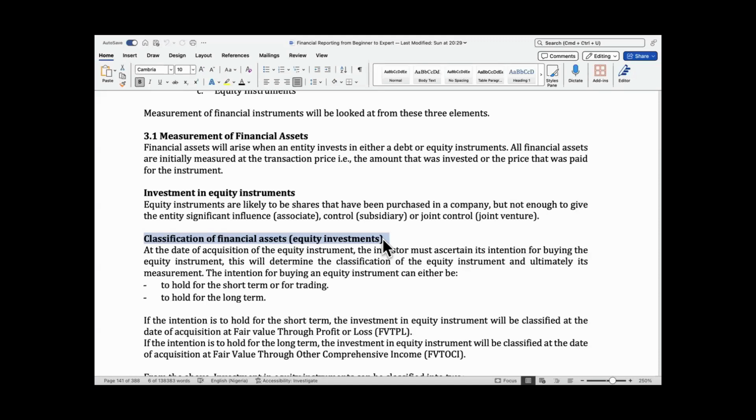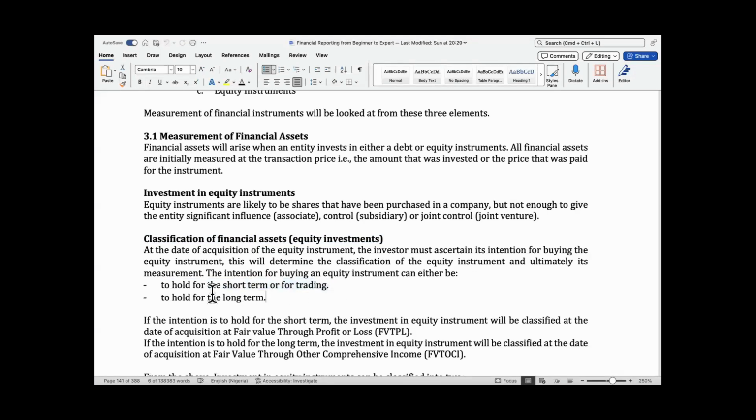So the same thing here too. We need to properly classify that financial asset based on your intention for buying it. So before you enter an equity investment in your books, we need to be able to know what's your intention. Why did you buy these shares? You see, IFRS 9 identified two reasons why an entity will have bought shares.